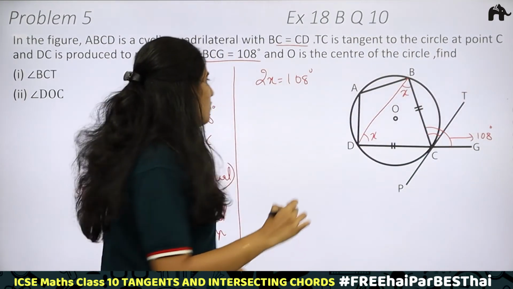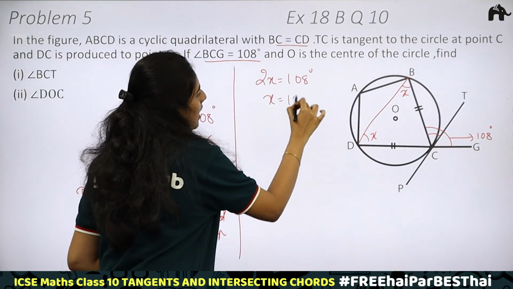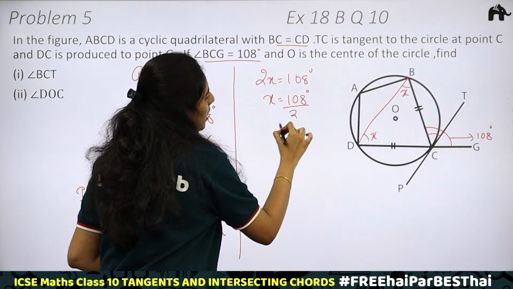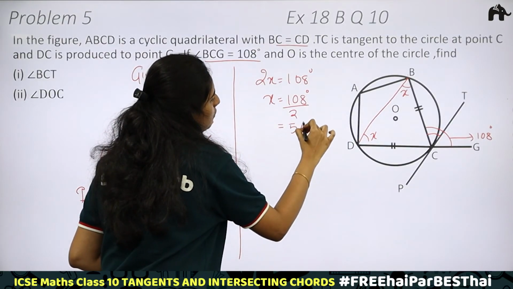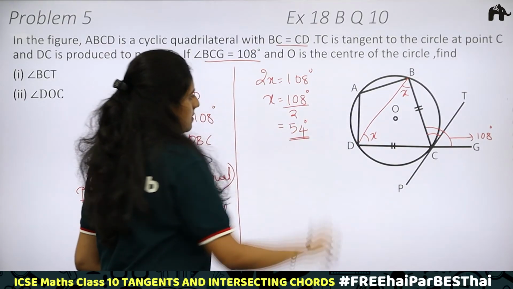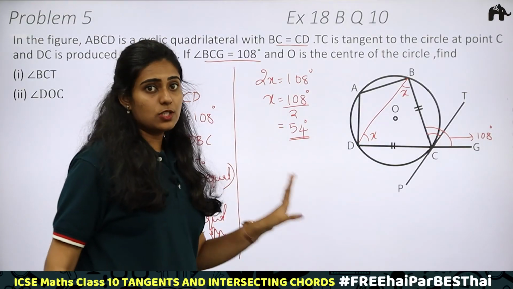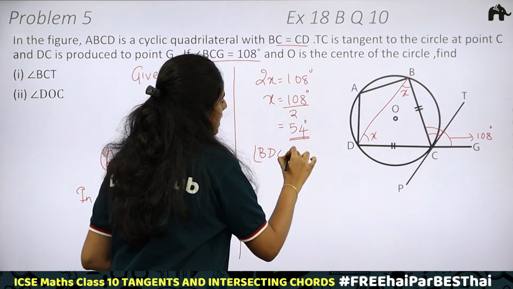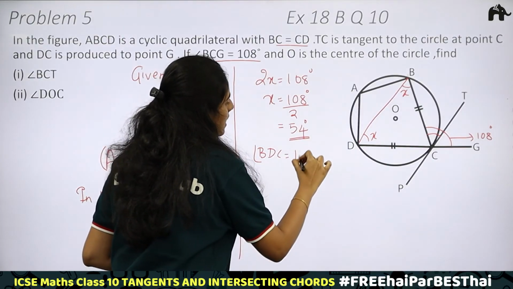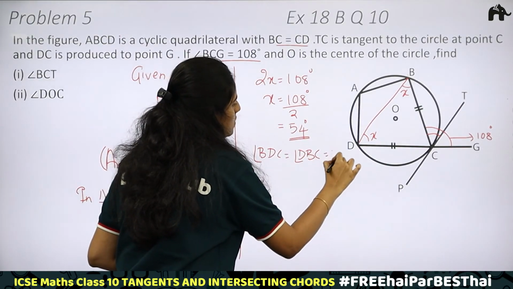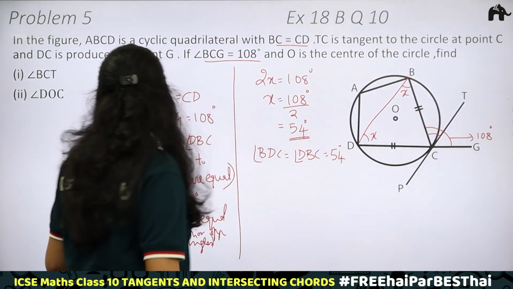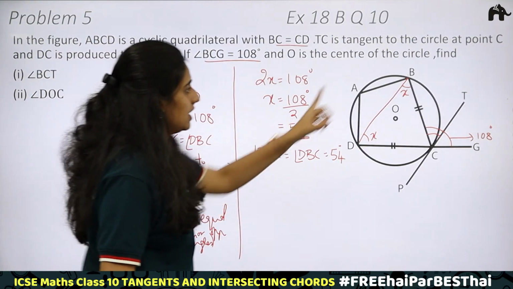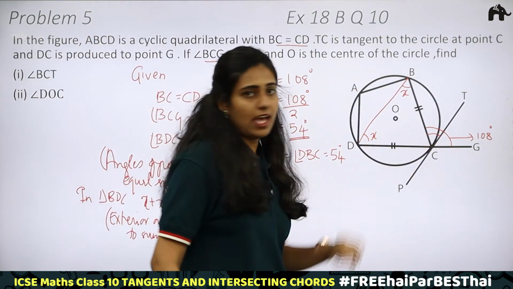Then what is the value of x? X is equal to 108 degrees divided by 2, and that is 54 degrees. We got x equal to 54 degrees, which means angle BDC is equal to angle DBC, and that is 54 degrees. What we need to find is BCT. This angle we have to find.